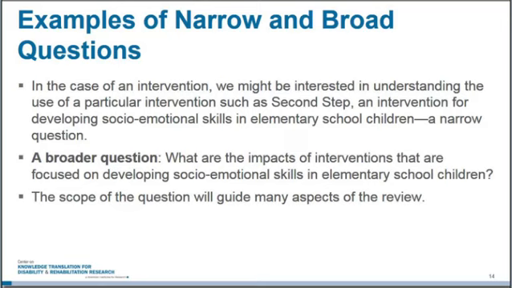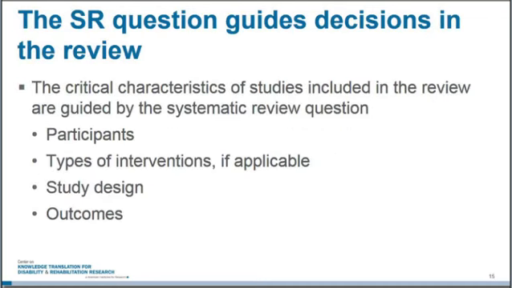Okay, and the reason why that's important is that the scope of the question will also guide many aspects of the review. In particular, the systematic review question guides decisions in the review about what kinds of studies, what are the critical characteristics of studies that will be included in the review.